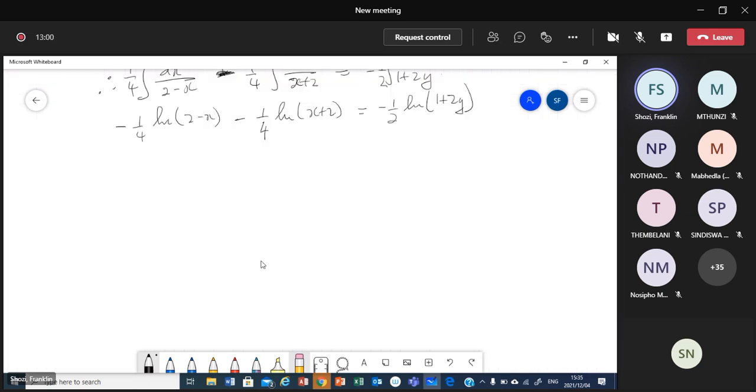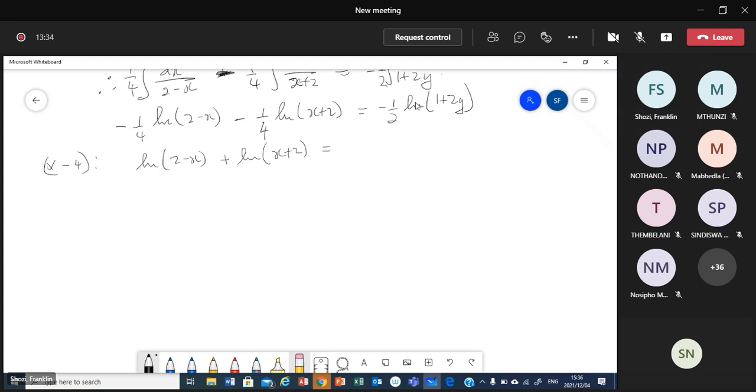Now you can say minus, minus, minus. I can divide by minus, or I can multiply by minus 4 throughout. If I multiply by minus 4, as the LCD, I will get ln of 2 minus x plus ln of x plus 2 equals, I multiply by minus 4, that will be 2 ln of 1 plus 2y.